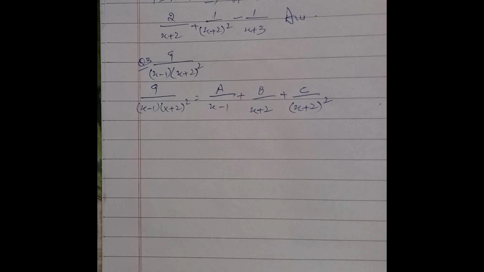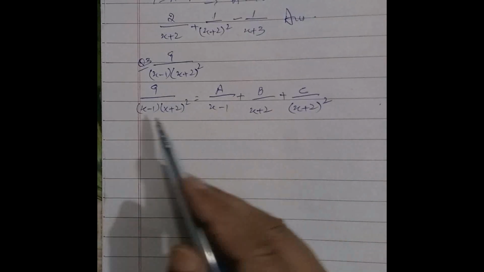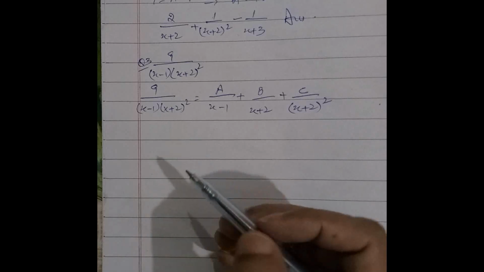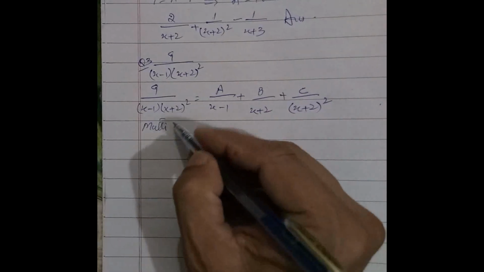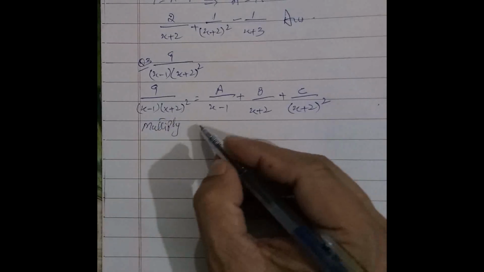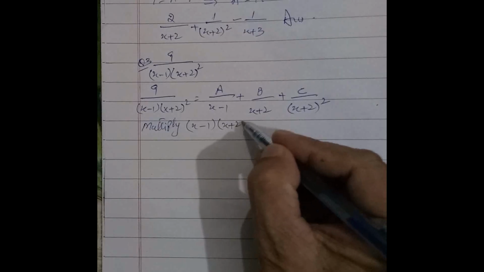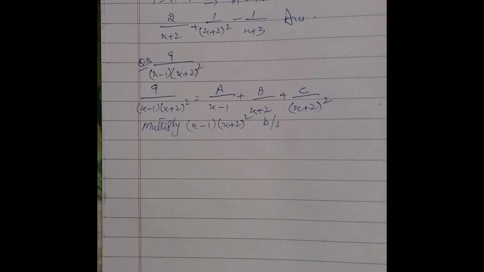And then we multiply the denominator of this fraction on both sides, which is (x minus 1) into (x plus 2) whole square. Multiply (x minus 1)(x plus 2) whole square on both sides.